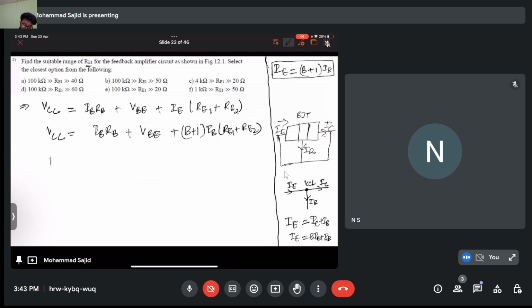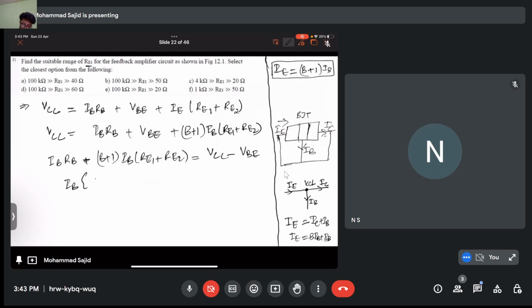Okay, so IB RB plus (beta plus 1) IB (RE1 plus RE2) will be VCC minus VBE, and we have to find IB.